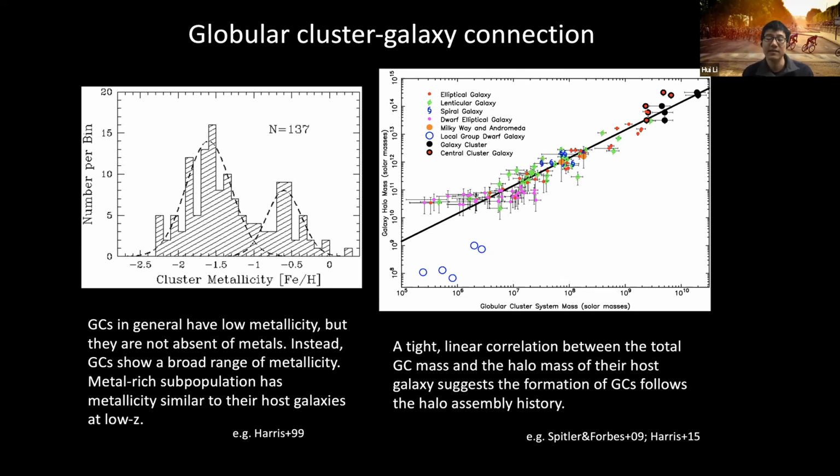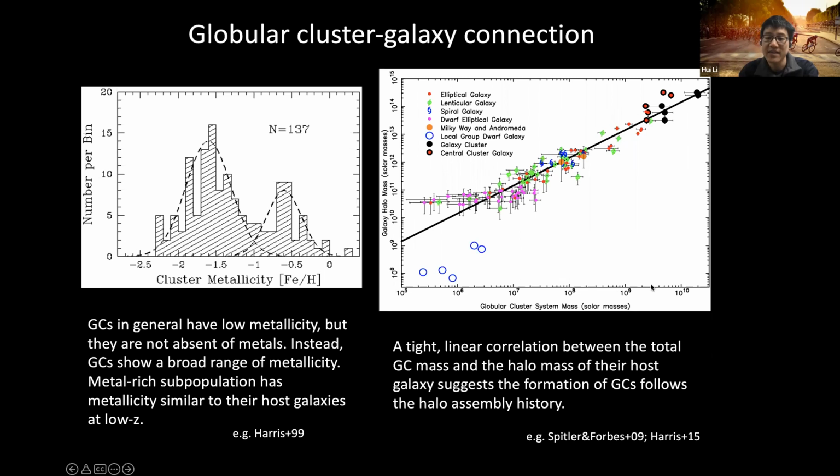And secondly, at the end of 2010-ish, there was a suite of observations that tried to study the globular cluster systems and their relationship with their host galaxies. That is on the right-hand side of this image.